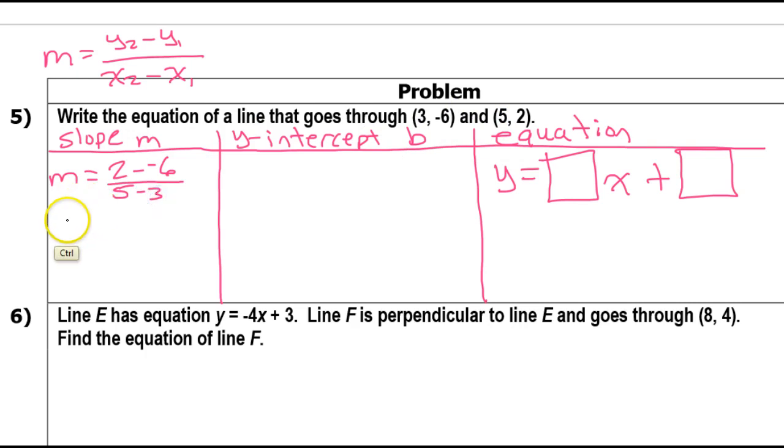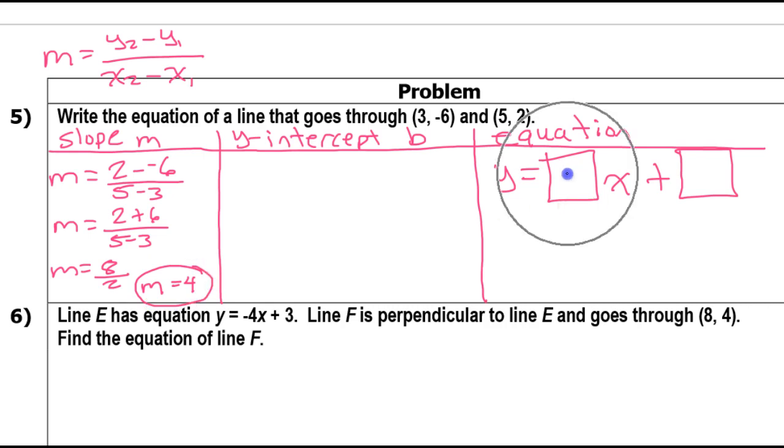Okay, so this is really going to be the same thing as 2 plus 6 over 5 minus 3. So that's going to be 8 over 2. So that's going to be 4. So the slope is 4. So we can go ahead and put that in right now.